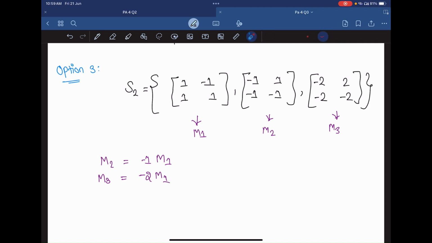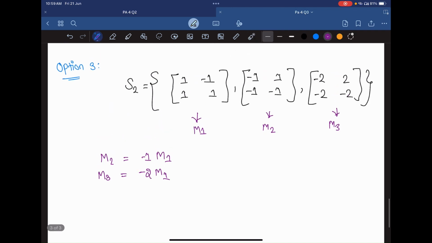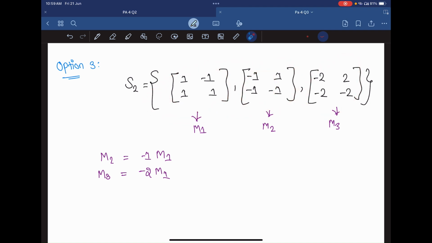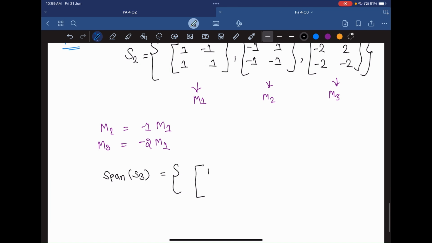That means for the spanning set, we only need one of these matrices. Either we can take this or this or this. We need only one matrix to span this entire set. So the spanning set for S3 would be just this.